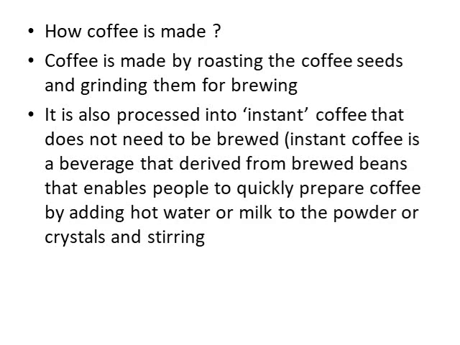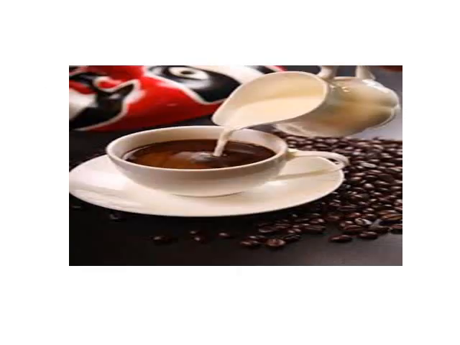Instant coffee is a beverage derived from brewed beans that enables people to quickly prepare coffee by adding hot water or milk to the powder or crystals and stirring. In this picture you can see how instant coffee is made.